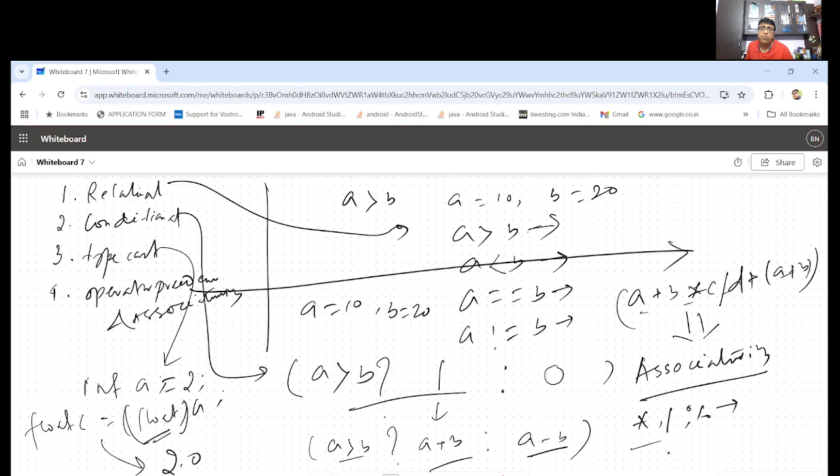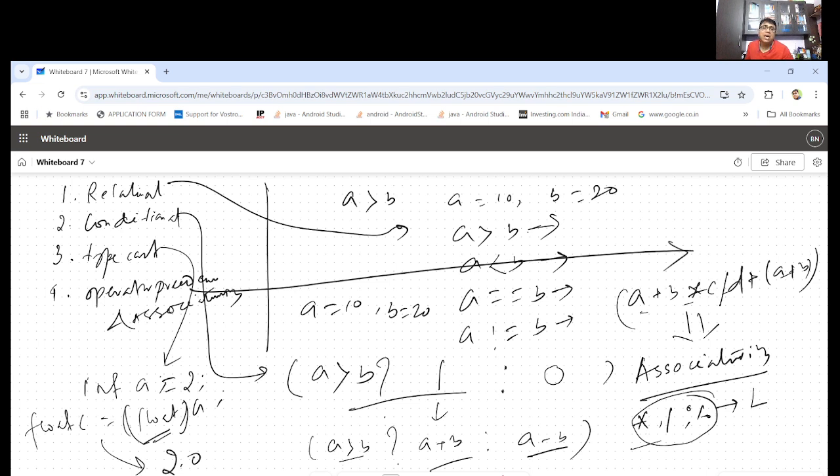But if one expression consists of a multiplication operator, division operator, and modulus operator, which will be calculated first? You will first consider how to perform the calculation among these operators. That will be considered the associativity.